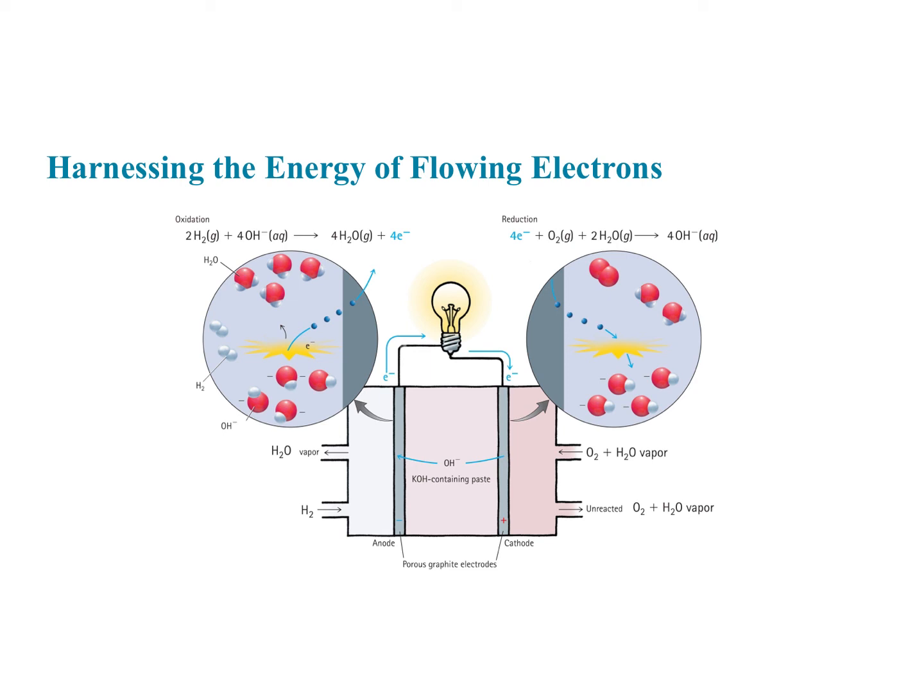Now, there's a lot of research currently being done on fuel cells, and a lot of it is for cars, because this is a very efficient way of using electricity, but there's a couple of problems. One is the fuel. Hydrogen doesn't generally exist by itself on Earth. You have to extract it from other things, and that takes energy.